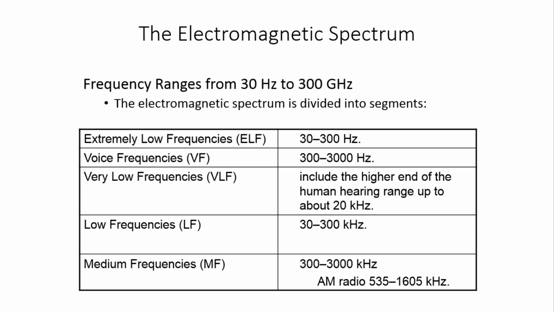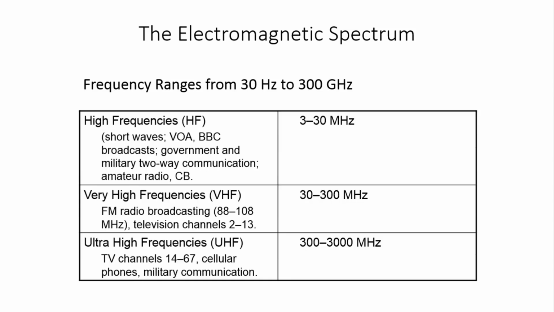Their frequency ranges are: ELF 30 to 300 Hz, VF 300 to 3000 Hz, VLF 3 to 30 kHz, which includes the higher end of the human hearing range up to about 20 kHz, low frequency 30 to 300 kHz, medium frequency 300 to 3000 kHz, high frequency 3 to 30 MHz, very high frequency 30 to 300 MHz, and ultra high frequency 300 to 3000 MHz.